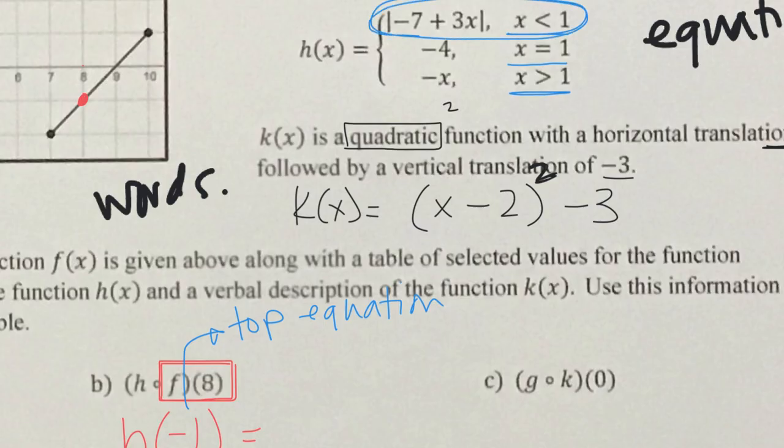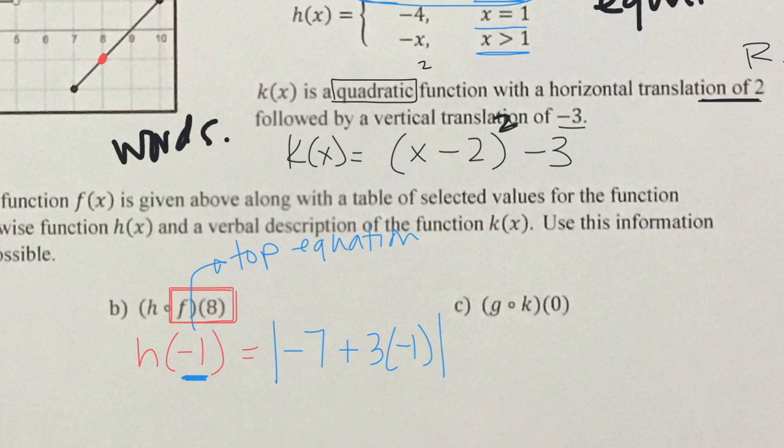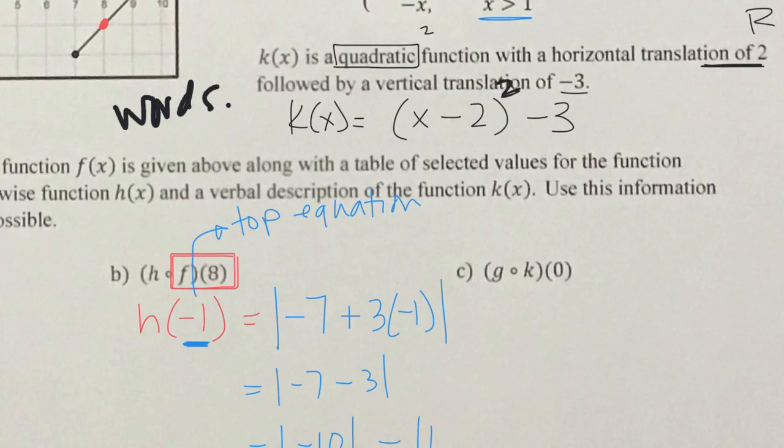The top equation says take the absolute value of -7 plus 3 times our x value. In this case, your x value is -1. So -1 times 3 is -3. -7 plus -3 is -10. The absolute value of -10 is +10. Okay, absolute value makes things positive.